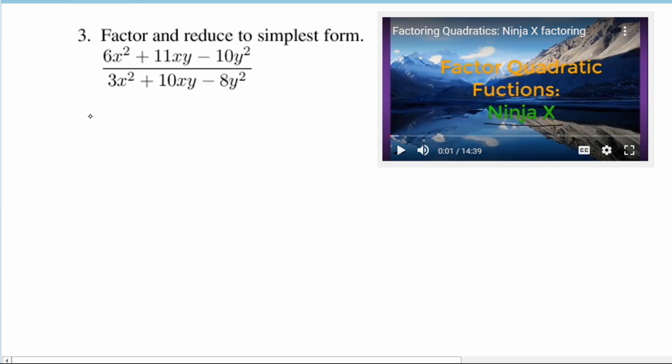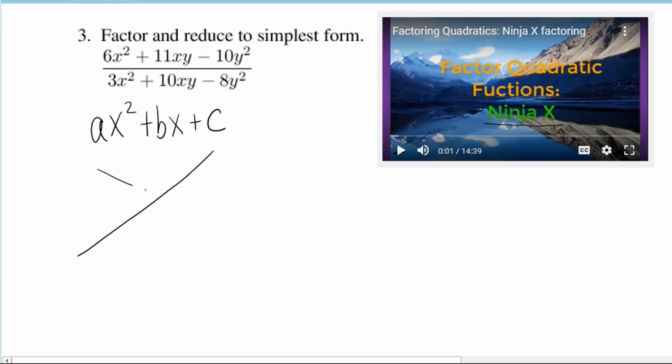So I will show you how to use NinjaX to factor these rational expressions so that we can reduce it to the simplest form. What's NinjaX? Basically, we have ax squared plus bx plus c.